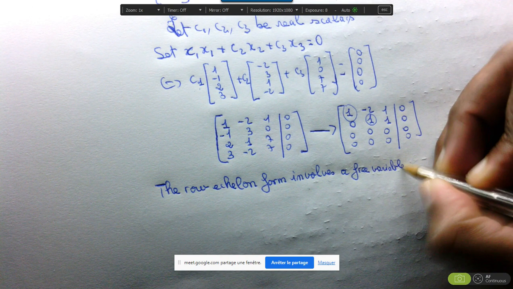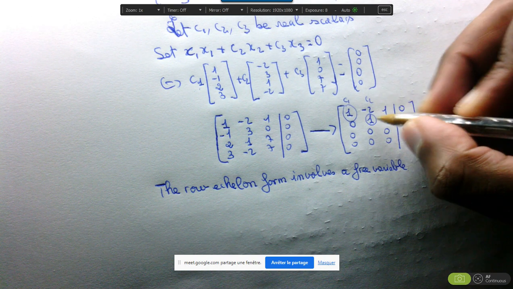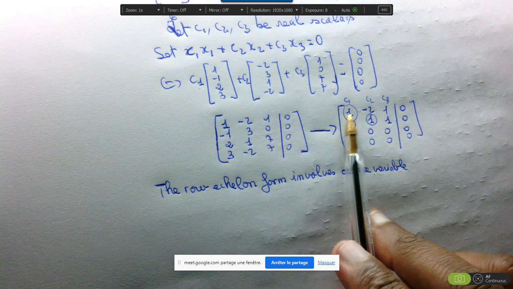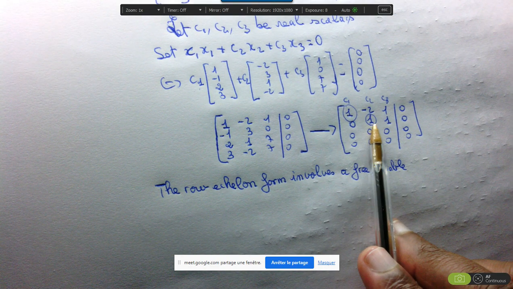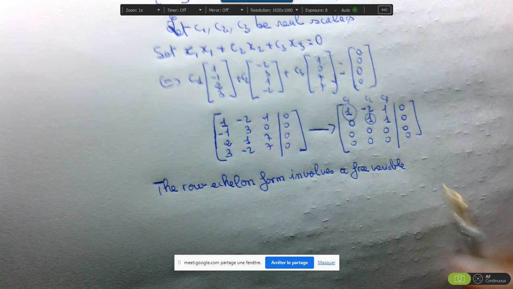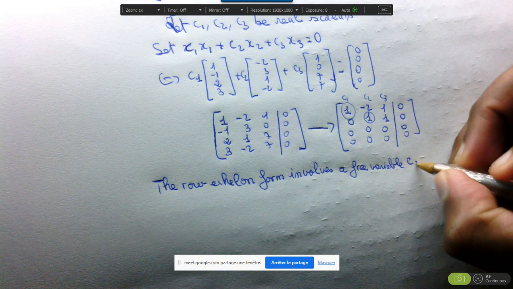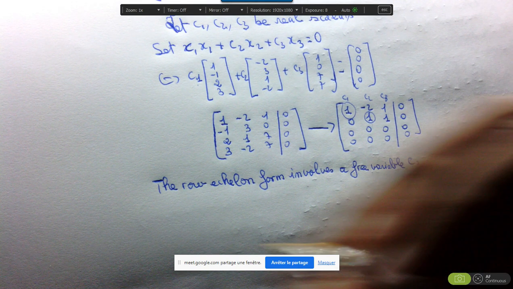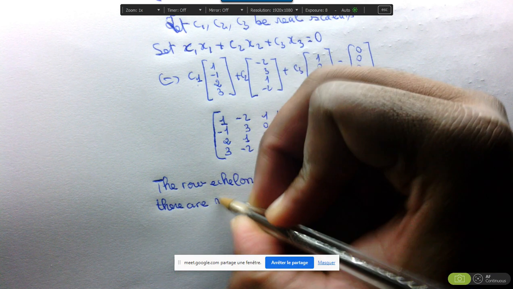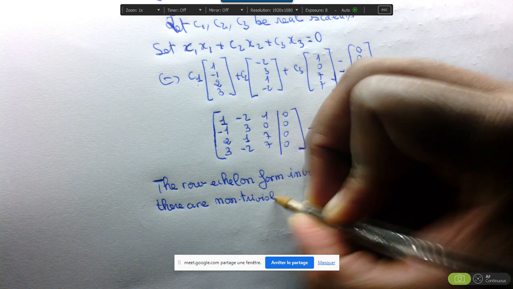Okay, so remember, this one is your c1, this one is for c2, and normally this column is for c3. So we can see that c1 and c2 have a pivot position, but c3 involves a free variable. So the row echelon form involves a free variable c3, and so there are non-trivial solutions.